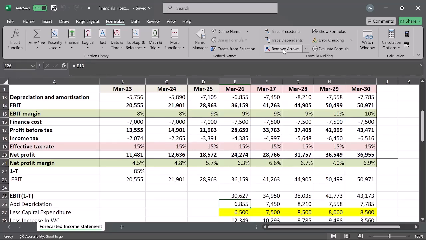So we are assuming that the company does not have any debt. Tax will be reduced from EBIT, not from PBT. Normally we calculate the profit before tax and then apply the tax rate to calculate the net profit. Here we are taking EBIT and doing 1 minus T, assuming the company is not leveraged, because leverage should not affect the company's valuation.